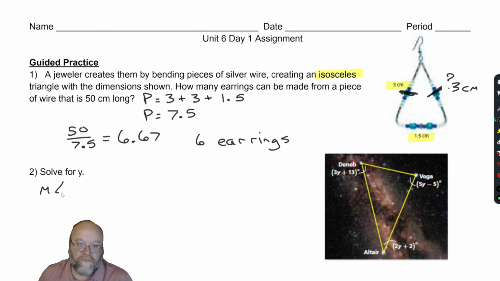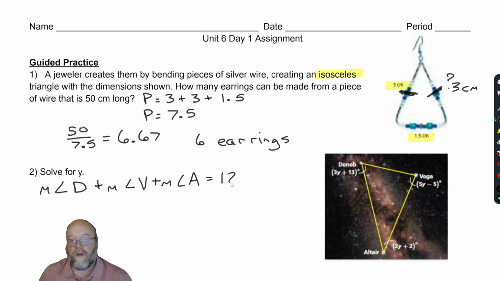So the measurement of angle D for the Deneb system, the Deneb star cluster, plus the measurement of angle V for Vega, plus the measurement of angle A for Altair is going to equal 180 degrees, even when it's in the stars, guys. It's true. Substitute in all this junk.